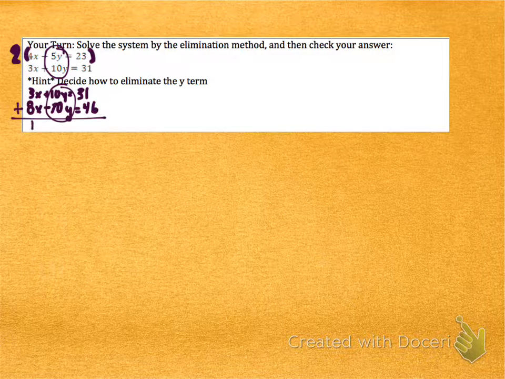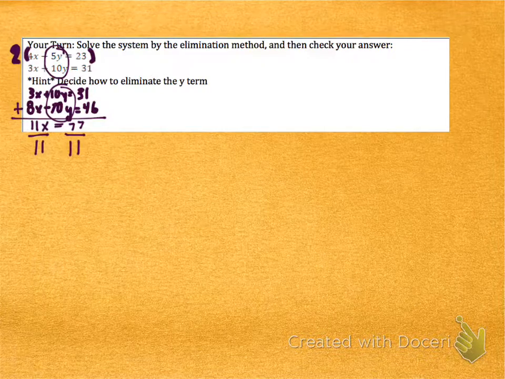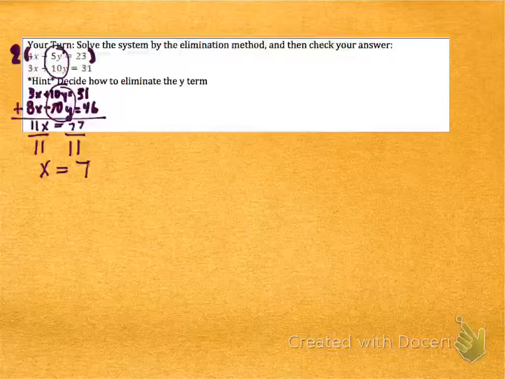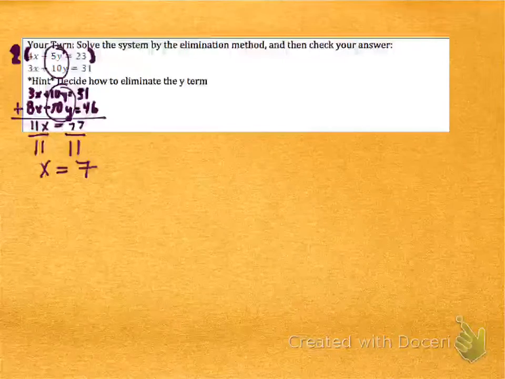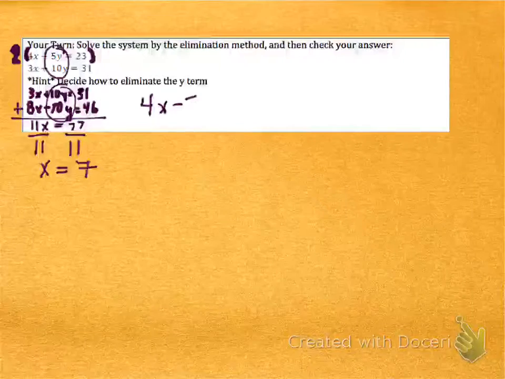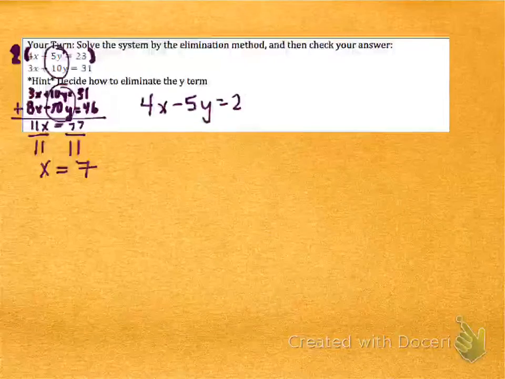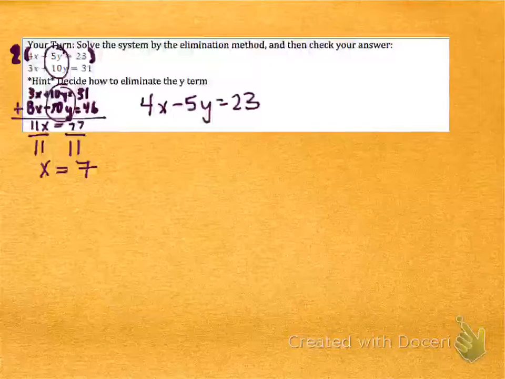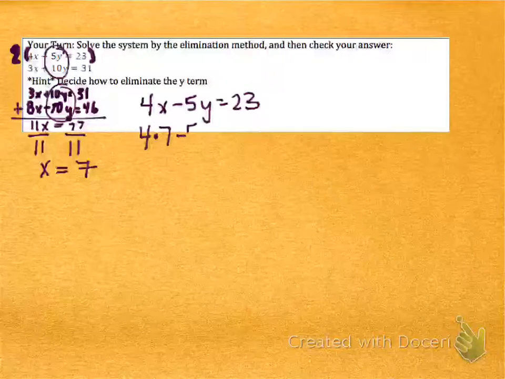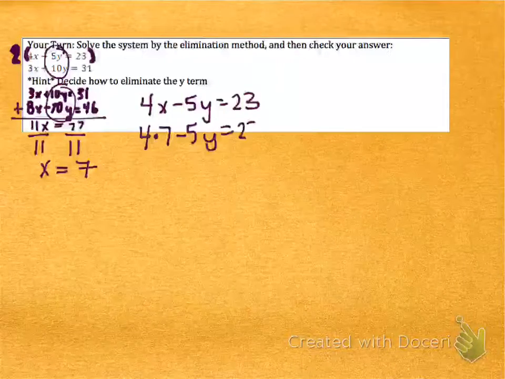And that's going to give me 11x is equal to 77, which then I can solve for x, and get x is equal to 7. Now I would plug that back in to the original equation to solve for y.